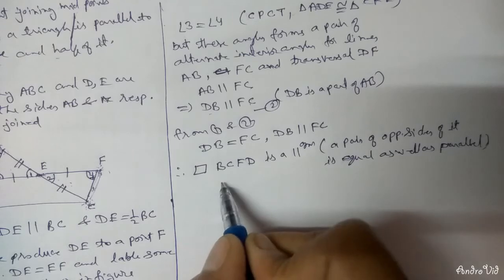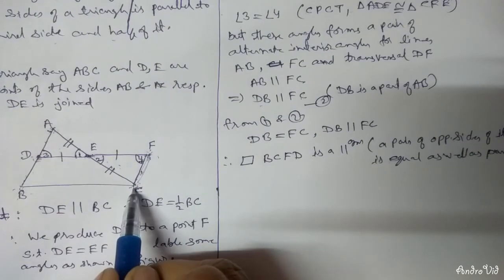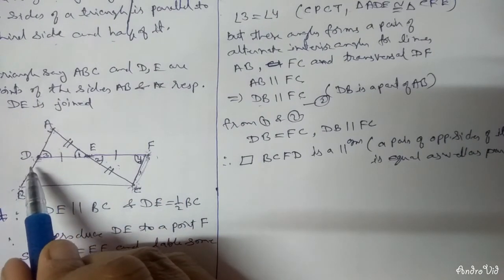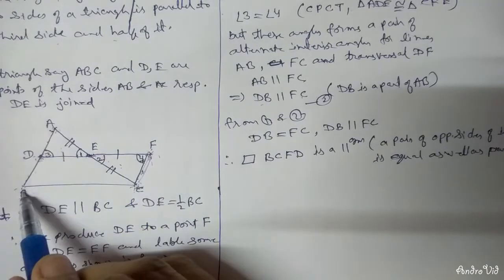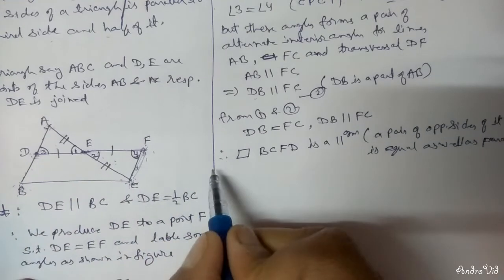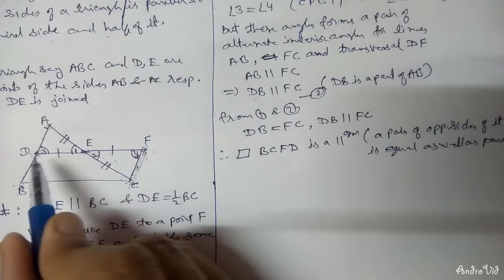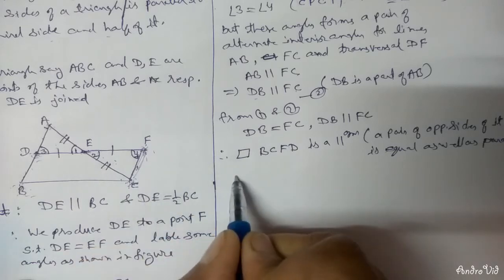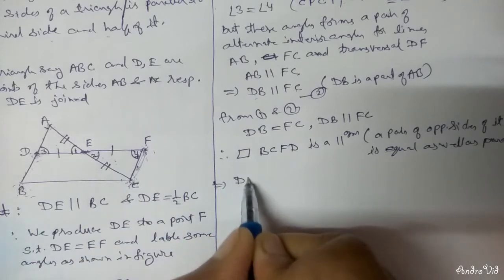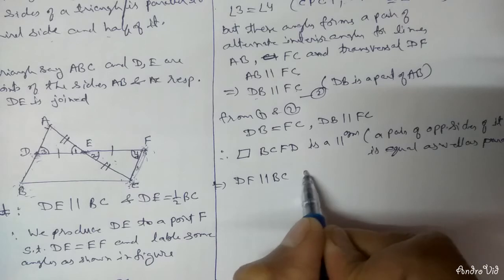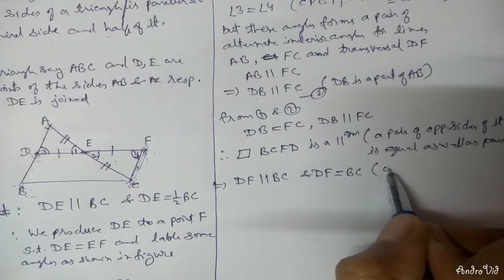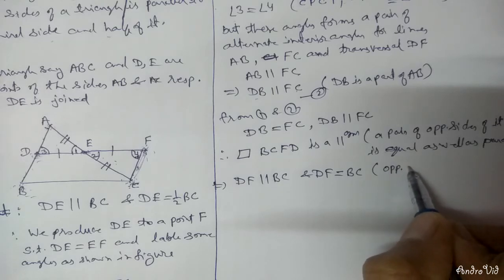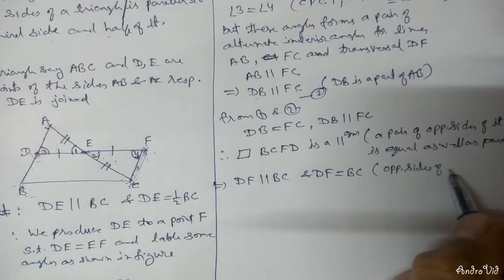Now see, in this quadrilateral BCFD, this becomes a parallelogram. So its another pair of opposite sides will also be parallel and equal. So we can write DF is parallel to BC and DF is equal to BC. Why? Because these are opposite sides of a parallelogram.